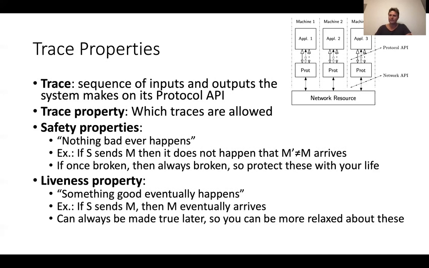So the trace of a system, something like a protocol like up here, has a protocol API up here. Its trace is just the list of inputs and later outputs. So whenever there is an input to the system, I write it down. And whenever it produces an output, I add it to this list of inputs and outputs. And that produces a list of inputs and outputs, and we call that a trace.